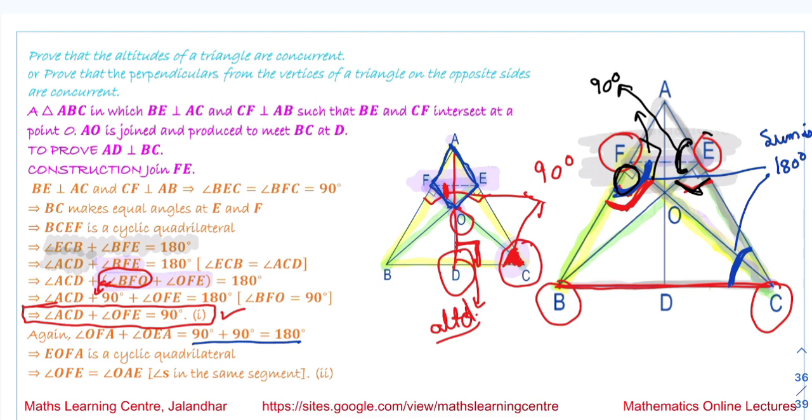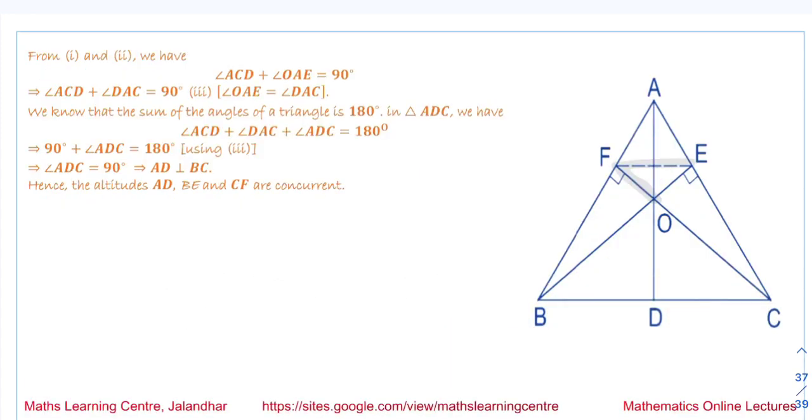Now, if we look at the angle OFE, we come to the next diagram. The same diagram is there in this next slide. We are saying the angle OFE is equal to the angle OAE. Why?